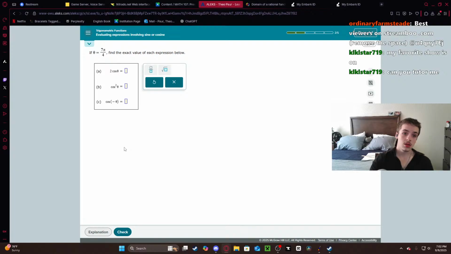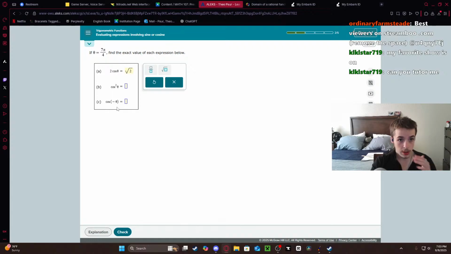Okay, 2 questions left because I'm getting this right. 2 times cosine, so 7 pi over 4, because we're 1/4 away from the end. The cosine of that is square root 2 over 2. You multiply that by 2, and you just have square root 2. Perfect.